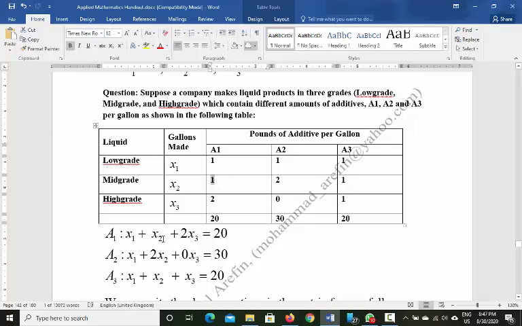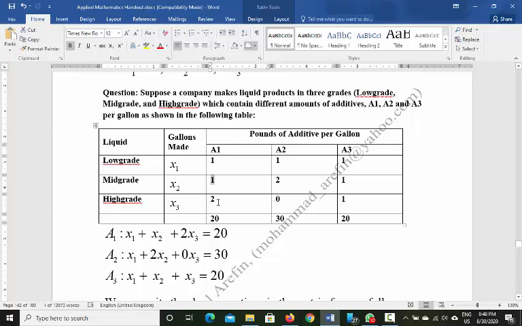So here we are using x1 pounds of A1 to produce x1 gallons of low-grade liquid. Here we are using x2 pounds of A1 to produce x2 gallons of mid grade liquid. So that means x1 pounds plus x2 pounds of A1 has been used already.